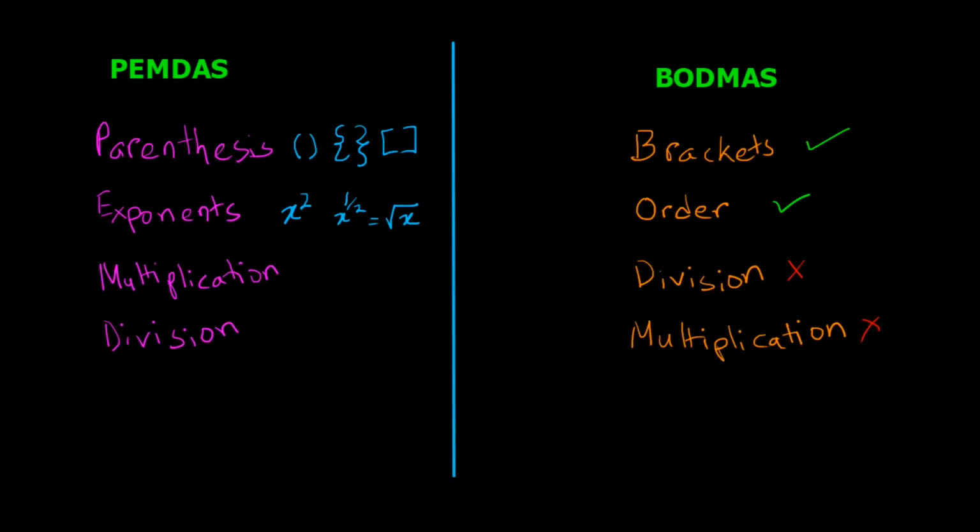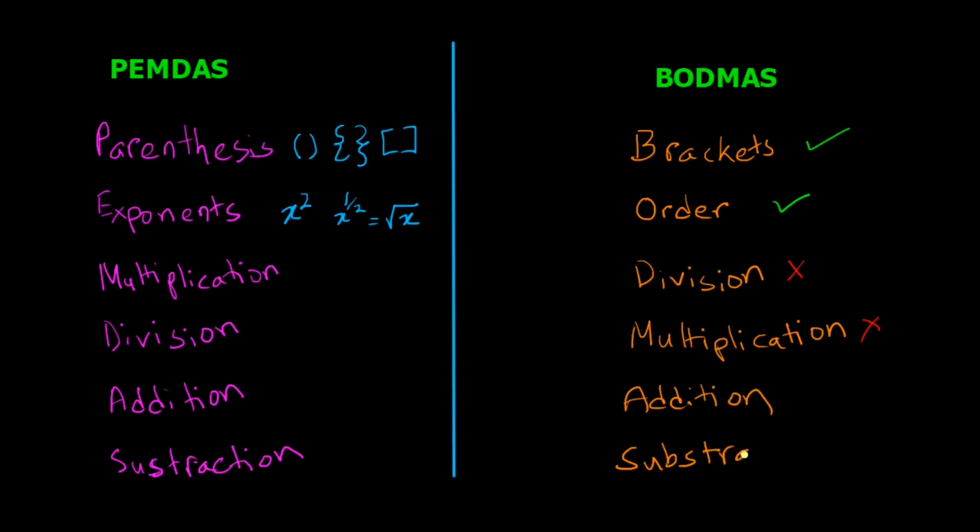So the next one is A and S for both sides. Looks the same by the letter. Let's see what they mean. This one is addition and subtraction, and over here it's addition and subtraction.